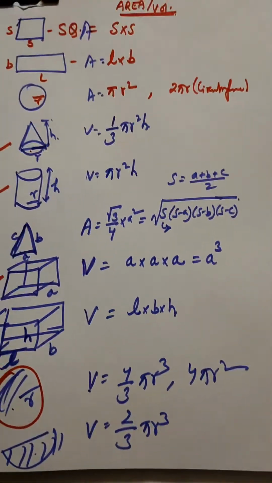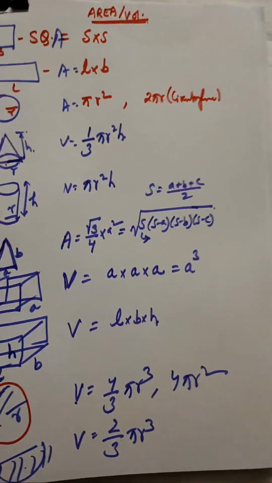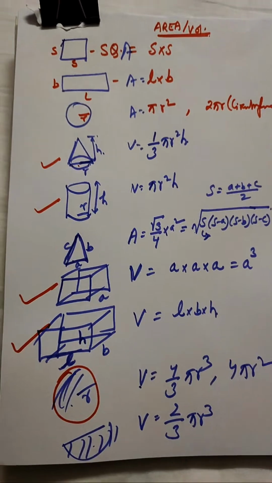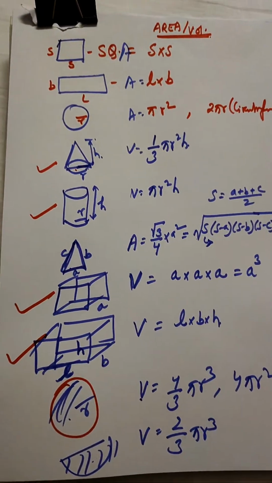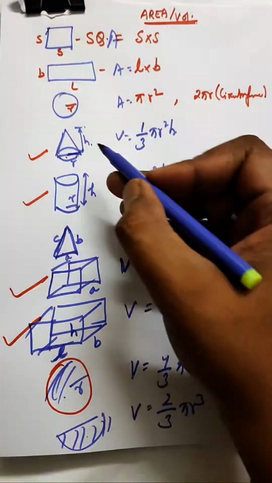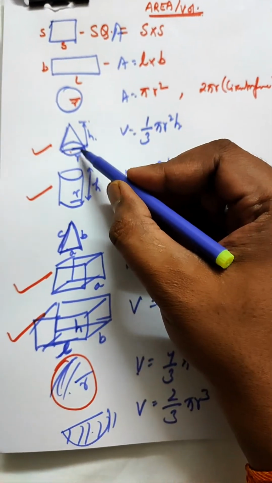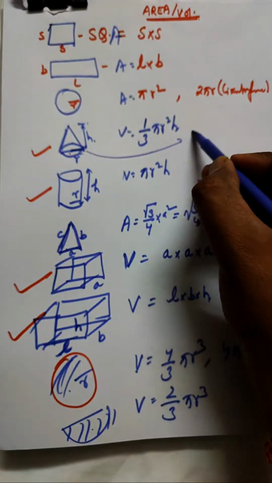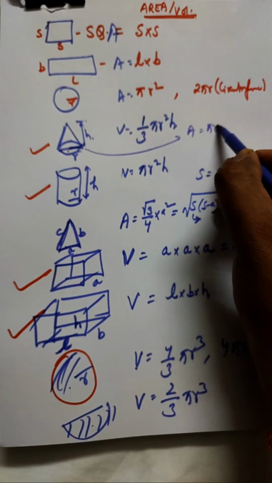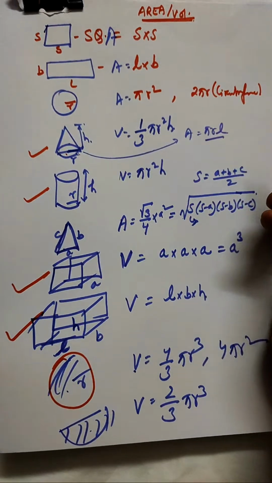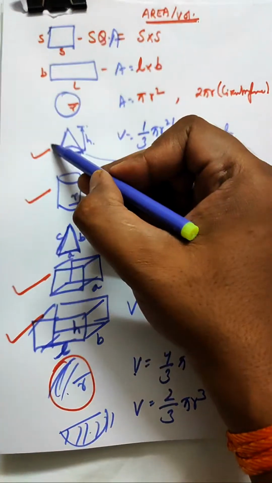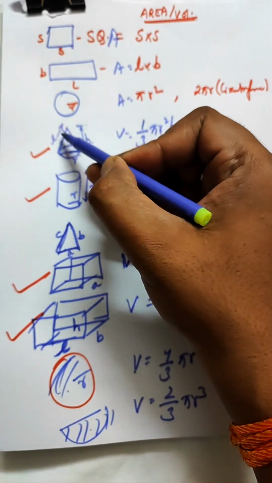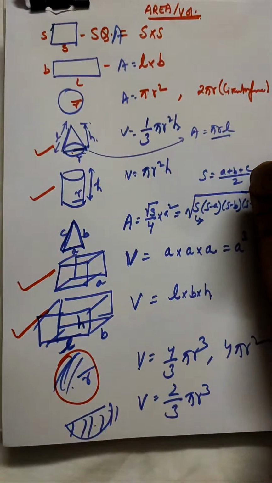Now there is one more concept of curved surface area and lateral surface area, right? So the curved surface area of this cone is equal to pi r l. L is this slanting height, right?